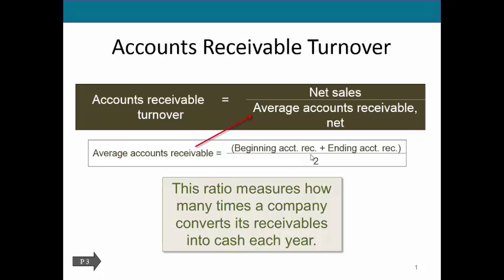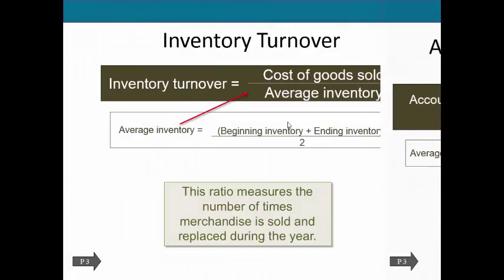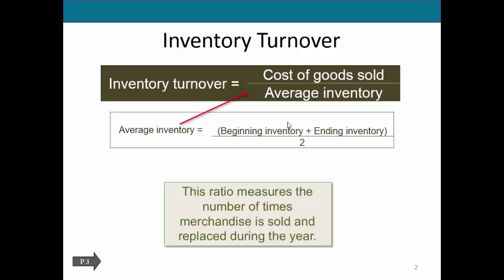However, January 1st, 2015 is the next year's beginning number, so you can use last year's ending or this year's beginning number interchangeably. They're basically the same thing. So we just add those two together, divide by 2, and that gives us the average accounts receivable. So that tells us how many times in general in a year are we turning over our accounts receivable. How efficient are we with getting the cash that we're promised?